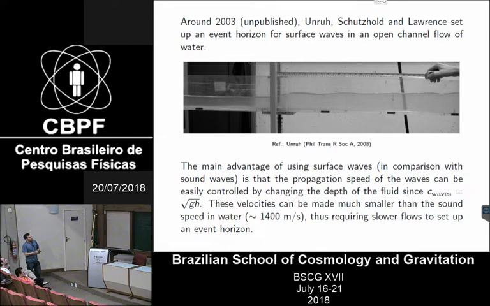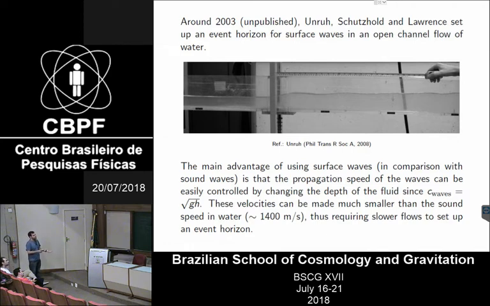So why do I want to use surface waves instead of sound waves? The main reason is that surface waves have much slower speeds. Their speed is given by the square root of g times h, where g is the gravitational acceleration and h is the depth of the fluid.